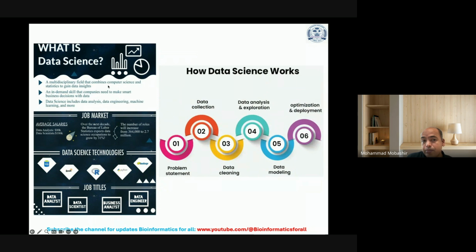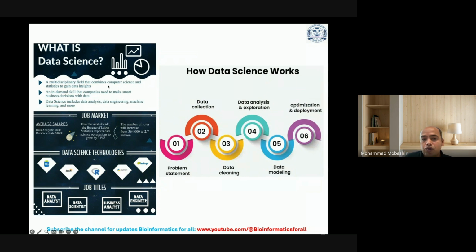But this is the minimum salary in data science. Over the next decade, the Bureau of Labor Statistics expects data science occupations to grow by 31%. The number of roles will increase to 2.7 million. They are talking about the US market.